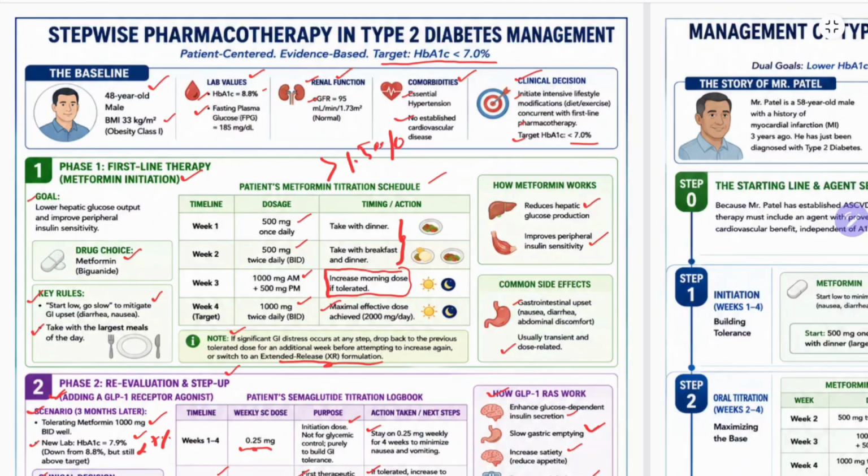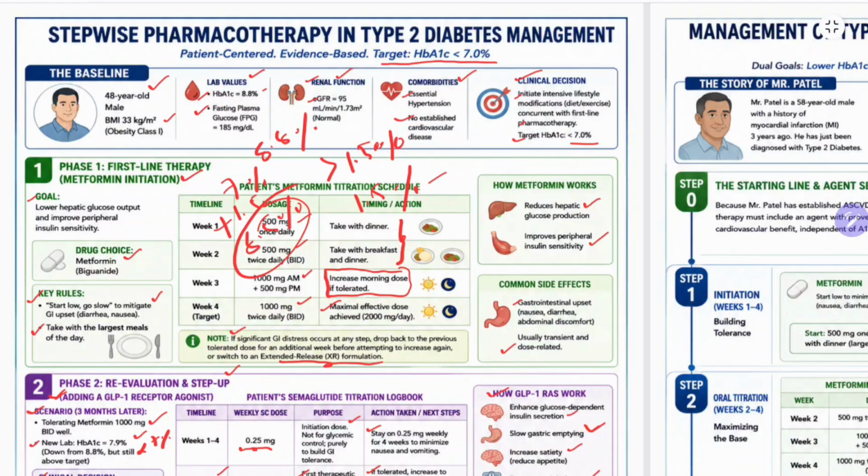Here you see the patient had 8.8% HbA1c, but the target was 7%. If you add 1.5 to 7, it becomes 8.5%. So the patient was already more than 1.5% above the target. That means it should have been presumed that the patient will require combination therapy.